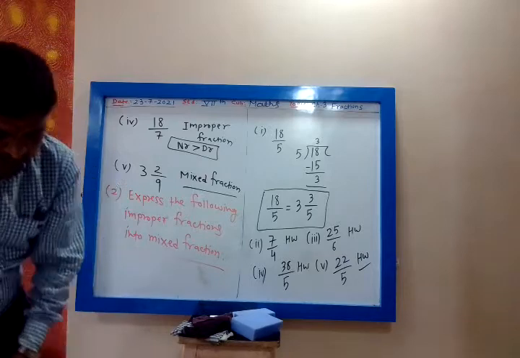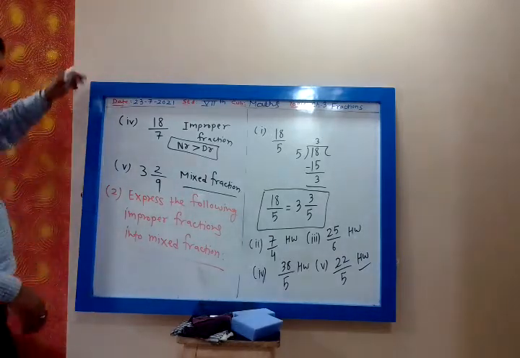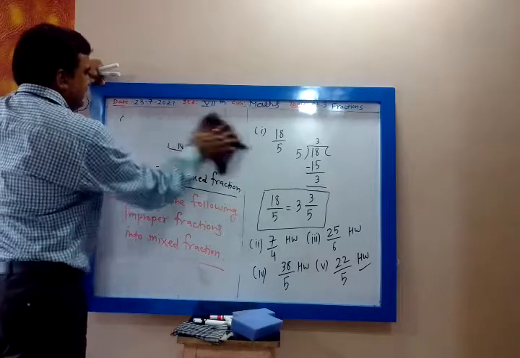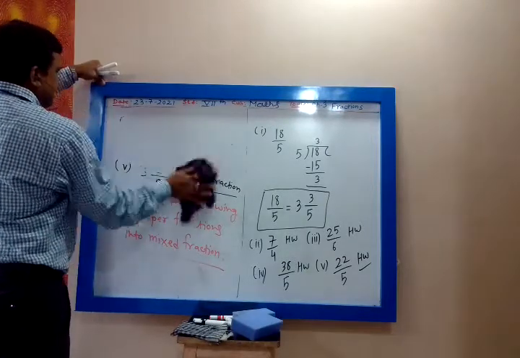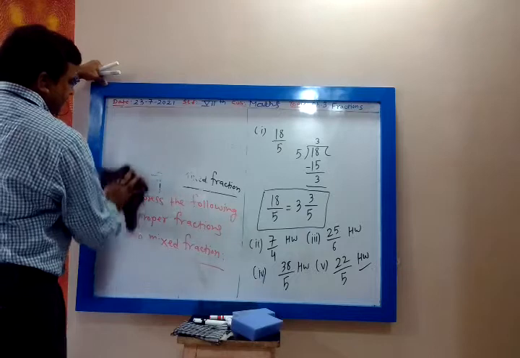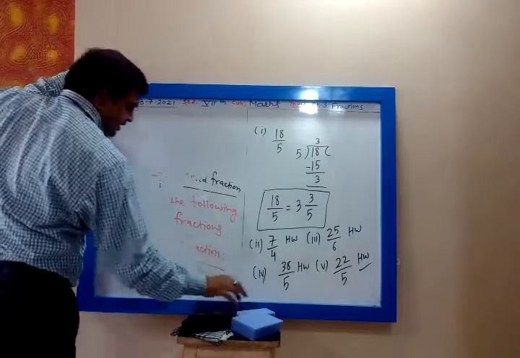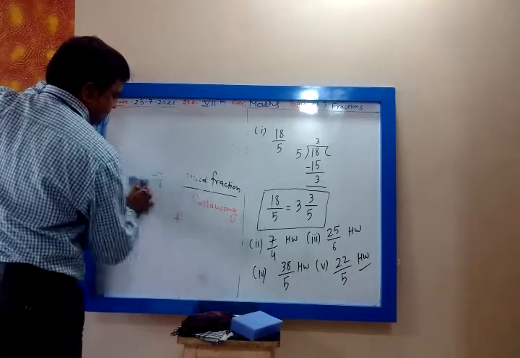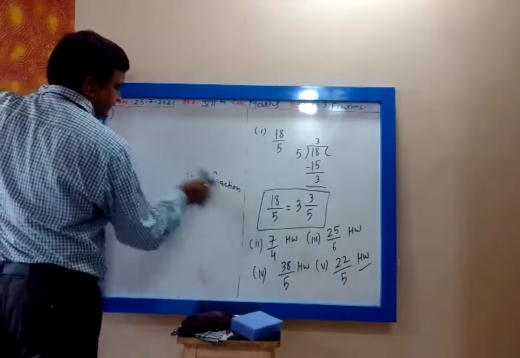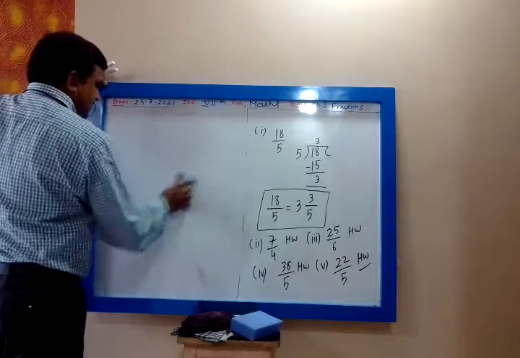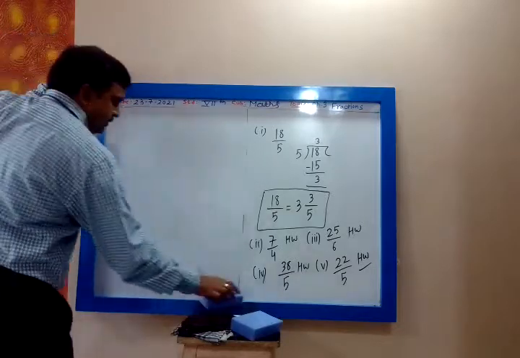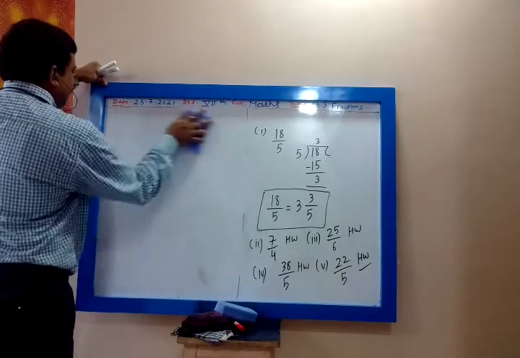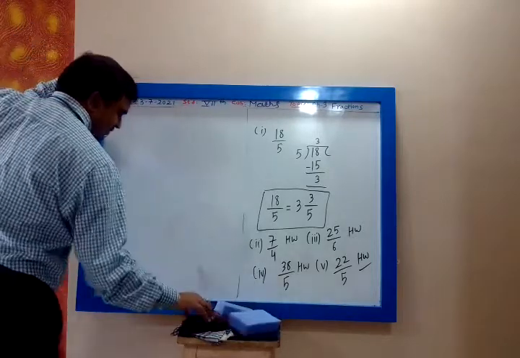Then third one: express the following mixed fractions as improper fractions. An improper fraction can be converted into a mixed fraction by division. A mixed fraction can be converted into an improper fraction by multiplication and addition.